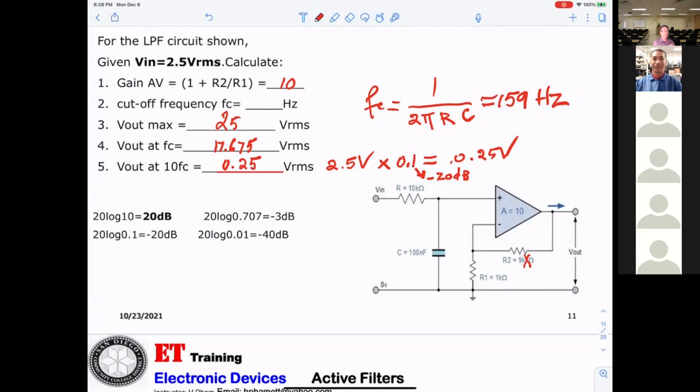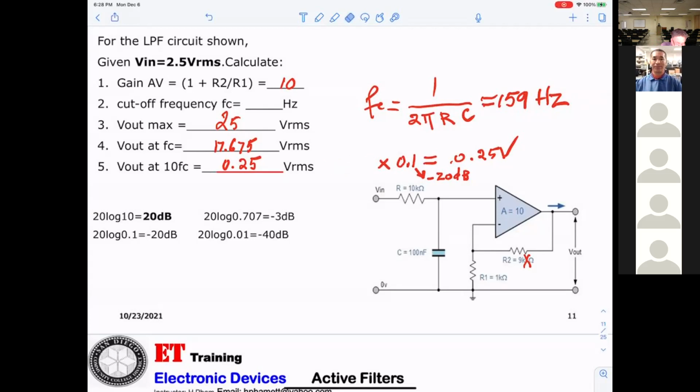Do you multiply that by Vin or do you multiply that against V out max? Oh, sorry, yeah, the gain is 10, so it should be 10 times. Thank you. We have to multiply by V out maximum.